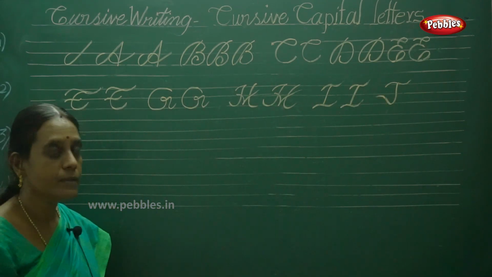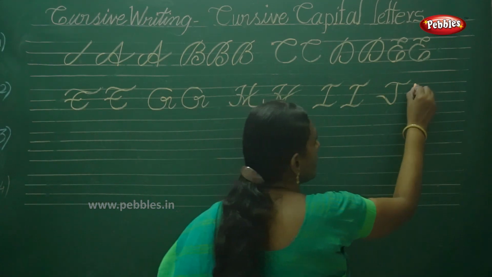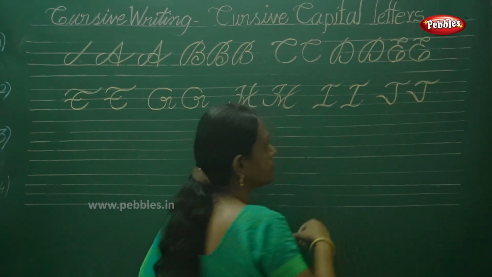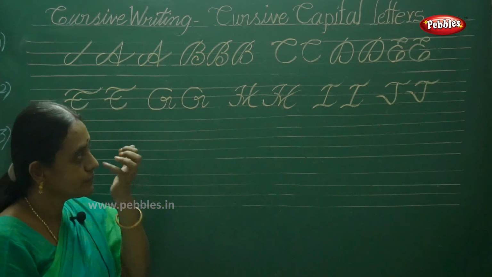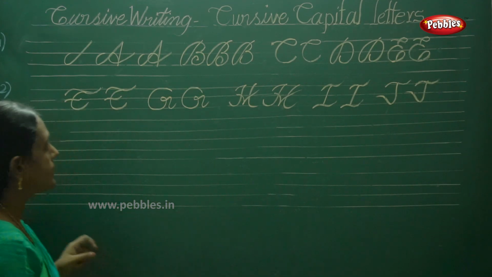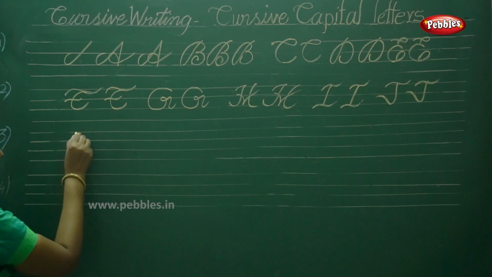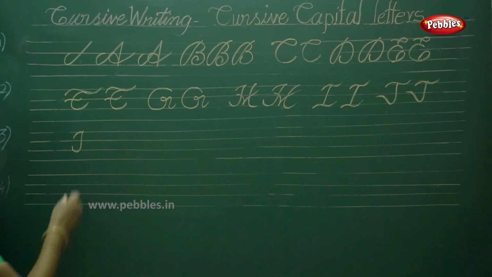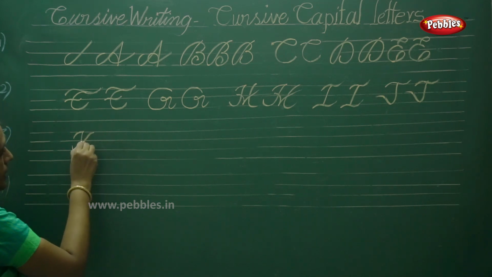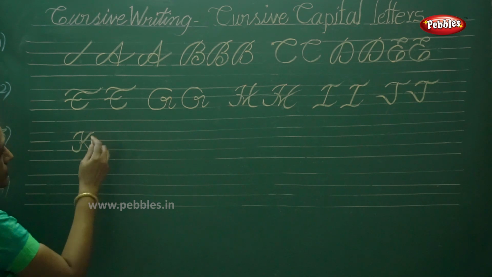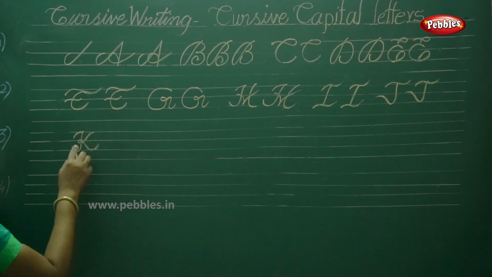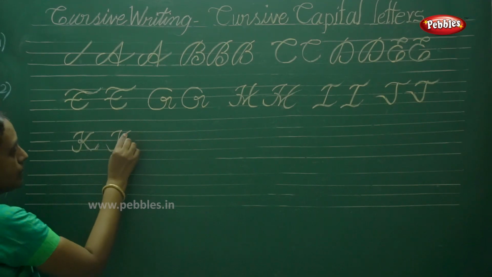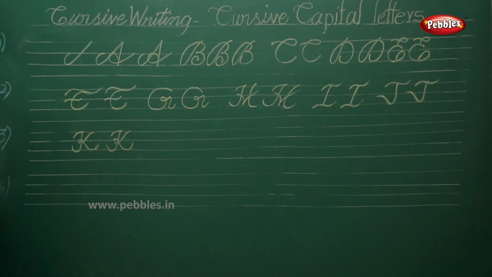That is cursive J. I wrote it once again. J. And K, first step K and second step, that is joined. 1 and 2, that is K.